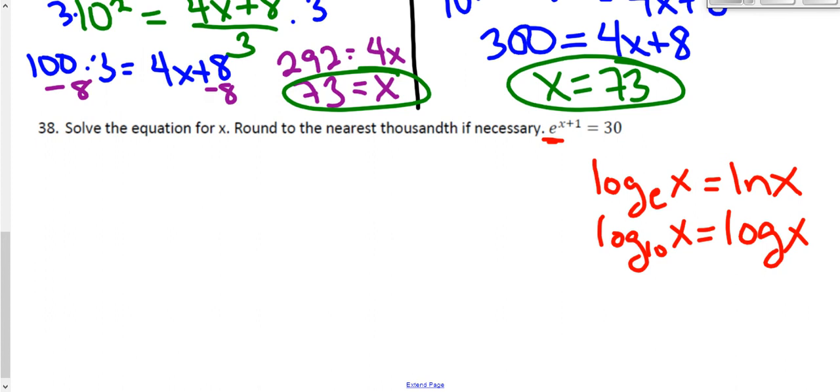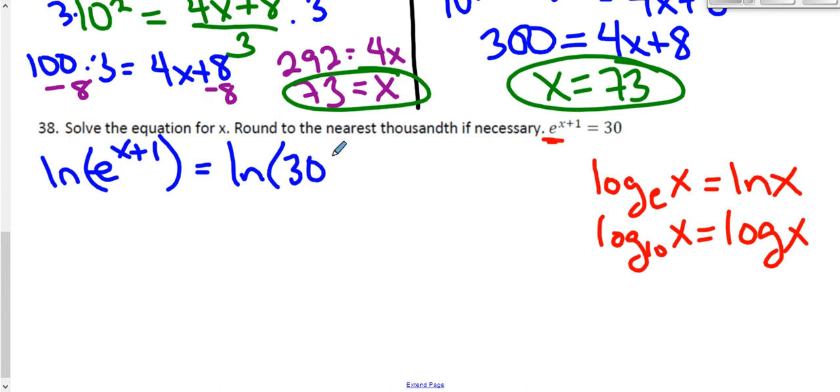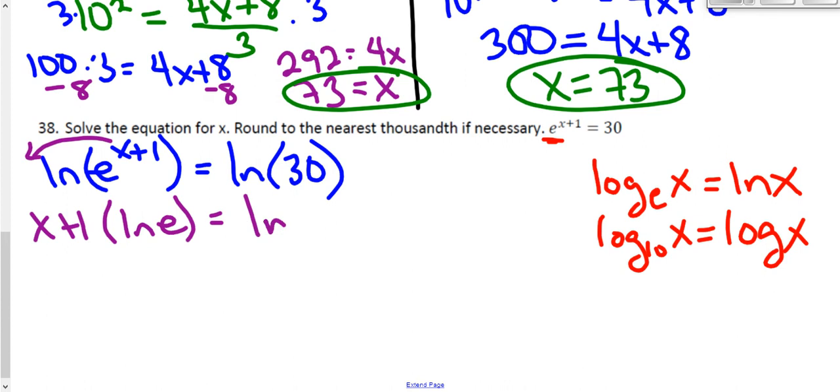So the same kind of thing happens, but I'm going to do ln on both sides. So I'm going to do ln of e to the x plus 1 power, and it's going to equal ln of 30. So ln and e undo each other. The same log rules apply, it's just a different base, so this exponent can move to the front. So this is x plus 1 times the ln of e, which is going to equal the ln of 30.